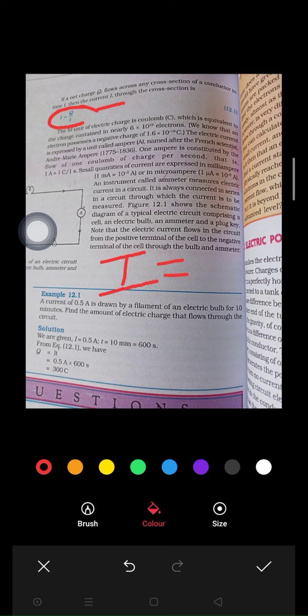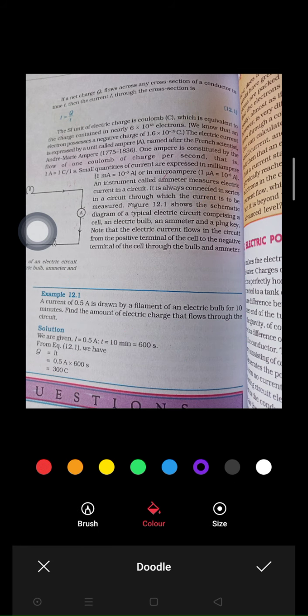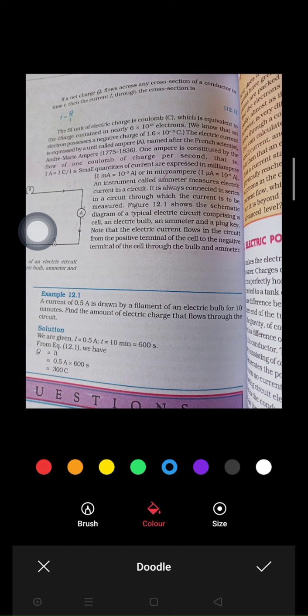So I is equal to q by t, where t is the time, q is the charge, and I is the electric current. How will you remember this?